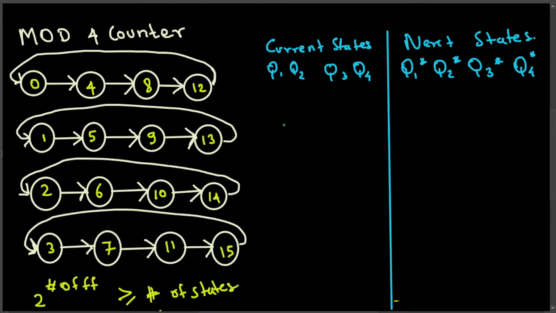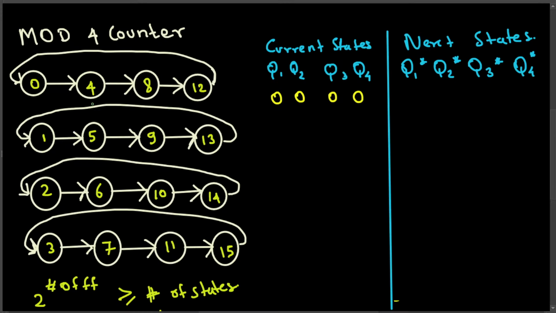Let's look at the 0. What is 0 in binary representation? We have to use 4 numbers to express the 0. That is 0, 0, 0, 0.